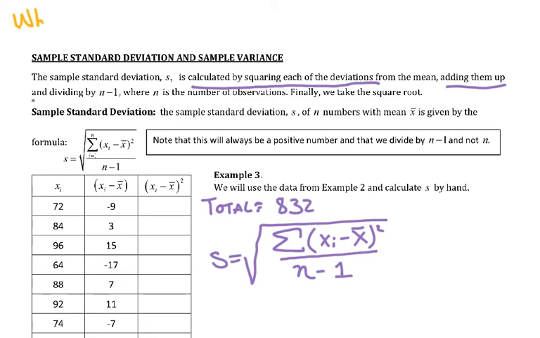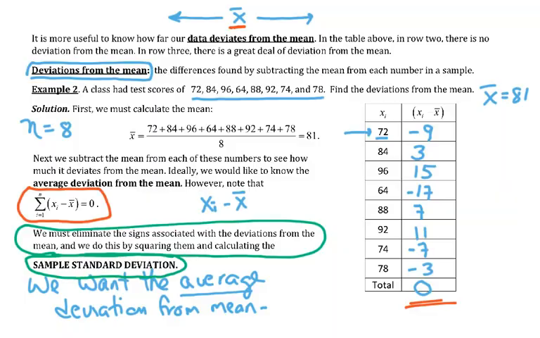So why n minus 1? Students want to know. This is called degrees of freedom, which is a really weird term. But the way I make sense of it is this. We know the sum of the deviations is 0.